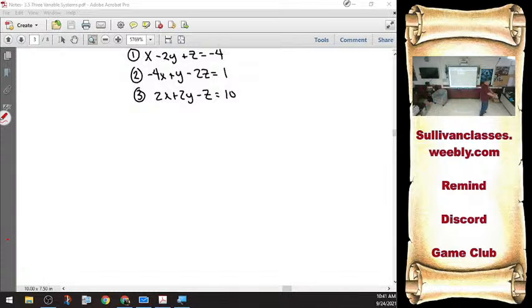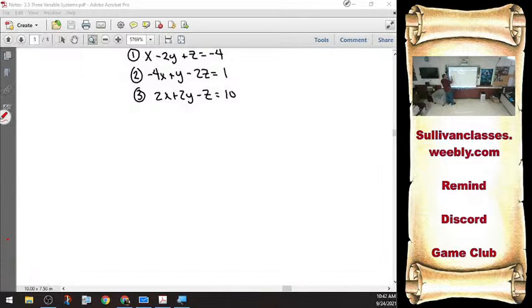You want the weak and the sick. Who is easy to get by themselves? And that's usually something that's got a coefficient of 1 or -1. So what pops out to you like, I can get that one by itself real easy? X, Y, and Z all have a coefficient of 1 or -1, right? They've all got it. So I'm just going to do X because it's right there.